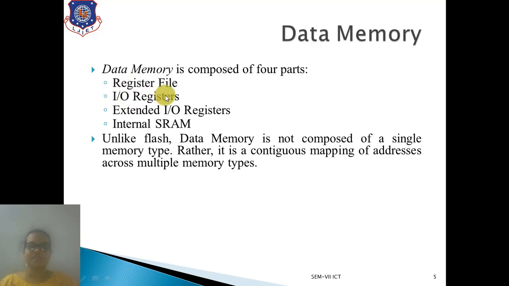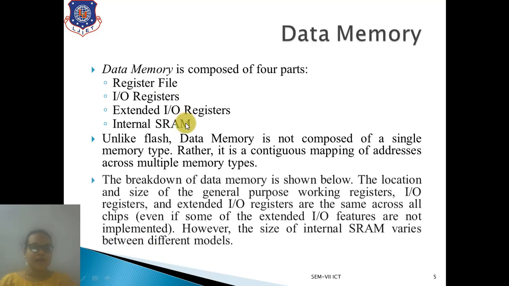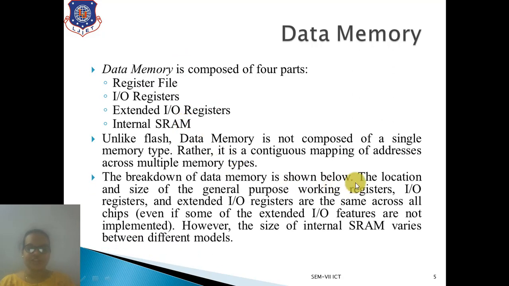As soon as the register file address gets completed, on the next location the IO register starts. After that, when the IO register gets completed, the extended IO register memory will start from the next location. So this whole data memory is divided into these 4 parts. The breakdown of data memory is shown below.